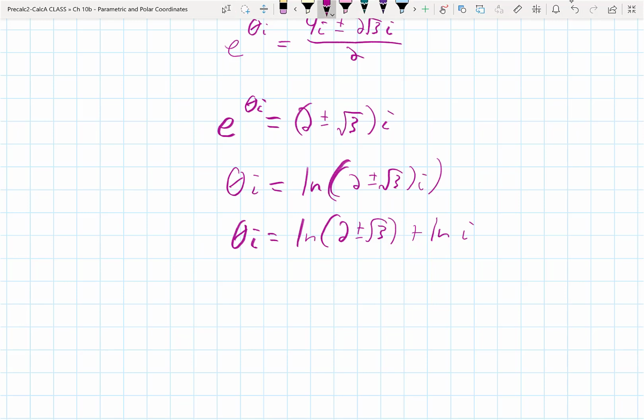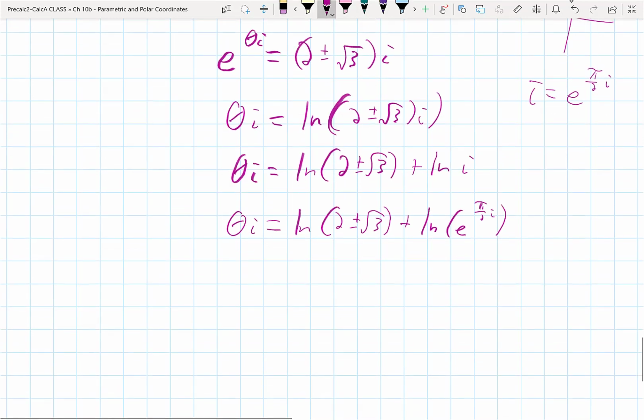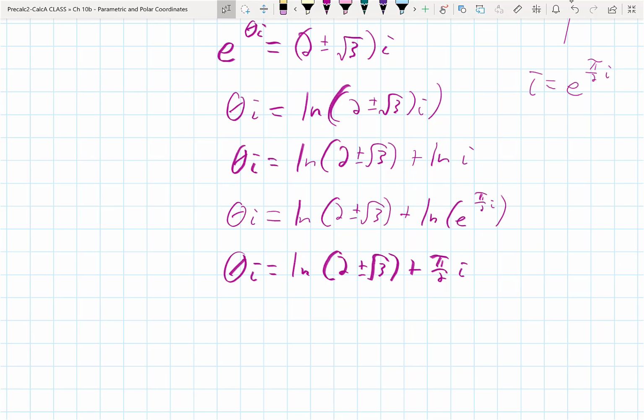I know that I can replace i right here on the right. i is equal to e to the pi over 2 i, because again, i is up on the axis. It's right here, so that's its complex form. So I have theta i equals the natural log of 2 plus or minus root 3 plus ln of e to the pi over 2 i, which means that theta i is equal to the natural log of 2 plus or minus root 3 plus pi over 2 i. And now we divide both sides by the remaining i.